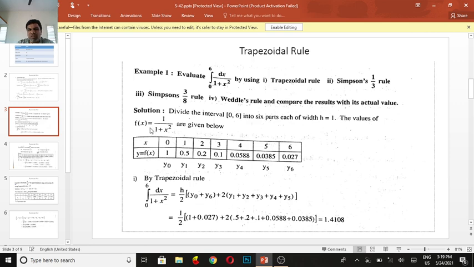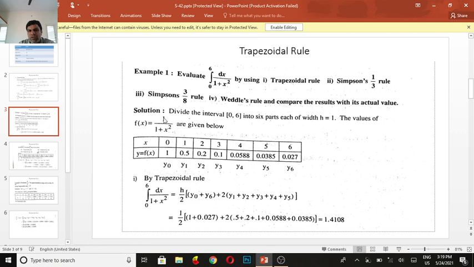The values of f of x equal to 1 by 1 plus x square are given below. Taking x as 0, 1, 2, 3, 4, 5, 6, we find the corresponding values of f of x. If x equals 0, 1 divided by 1 plus 0 gives 1. If x equals 1, 1 divided by 2 gives 0.5.